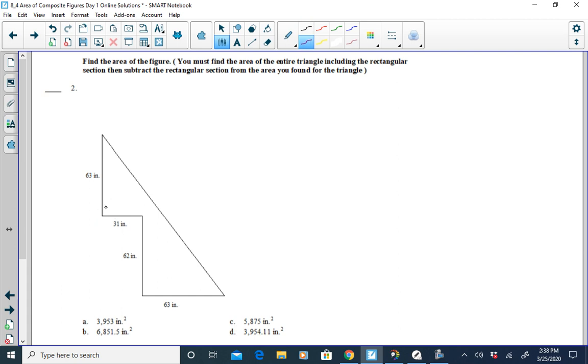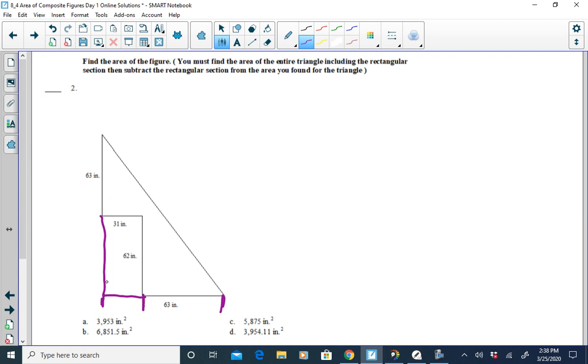First thing you want to do is to find the area of this entire triangle. So we're talking about this whole triangular shape here. But in order to do that, we need the base of the triangle and the height of the triangle. Let's talk about the base first. We know that from here to here is 63.